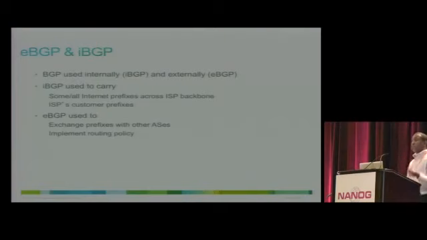So BGP is used to carry the customer prefixes within the autonomous system and also eventually advertise an aggregated version of those prefixes. But the types of routes carried internally and exchanged externally are different, and we'll see that also later on.